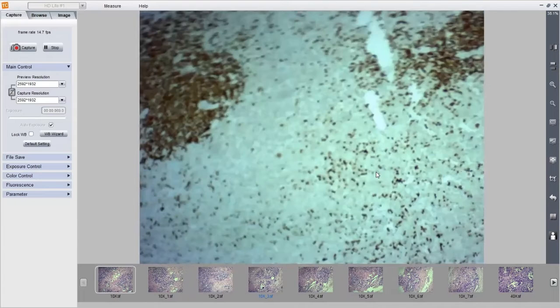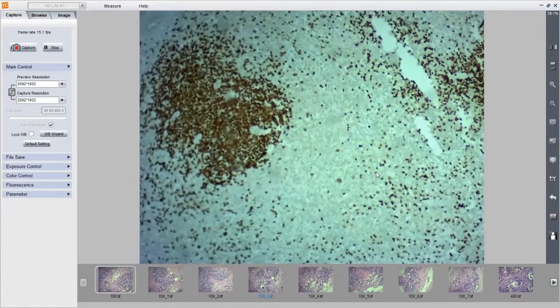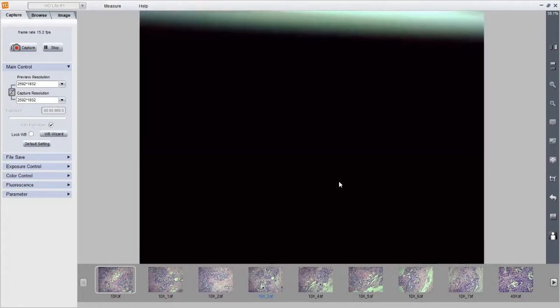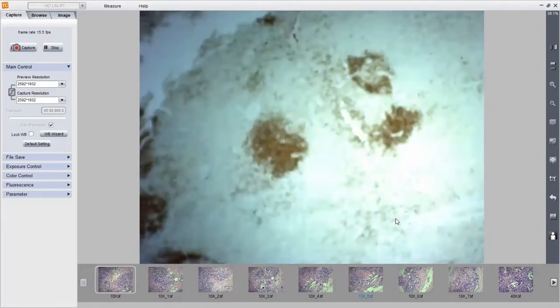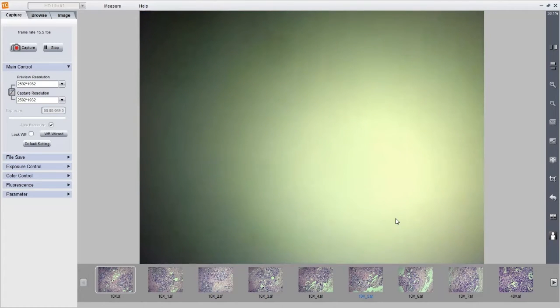Here the PAX5 is much better than our previous PAX5. You see these very dark reactive lymphoid cells, strong PAX5, and compared to the lymphoid cells, these Hodgkin-like cells are showing weaker expression of PAX5. This is a strong PAX5, this is a weak PAX5. So weak PAX5 is abnormal, again favoring Hodgkin lymphoma.